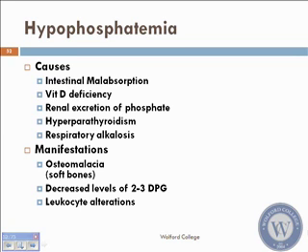So a decrease in 2,3-DPG can be significant enough that the person cannot deliver enough oxygen to the tissue, and you can get some degree of metabolic acidosis. You can also get leukocyte alterations, which means the white cells, which require a lot of ATP to work properly, do not, and then the person has an increased risk of infections as a consequence.